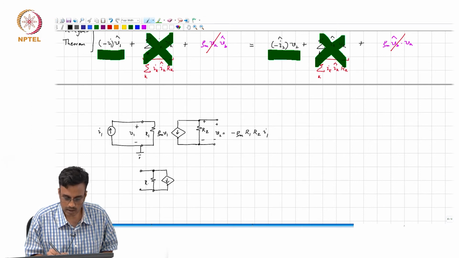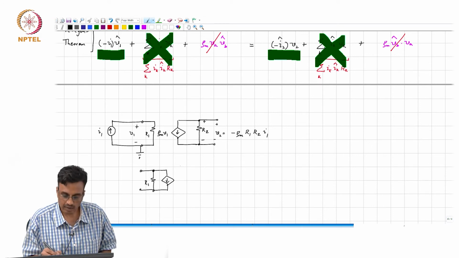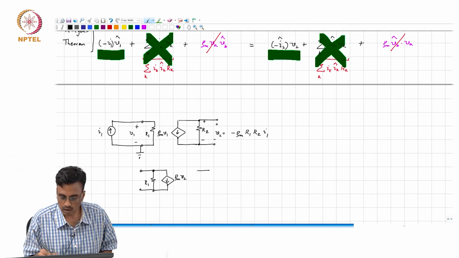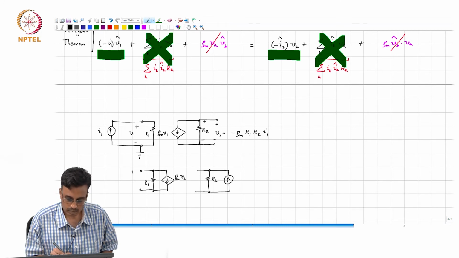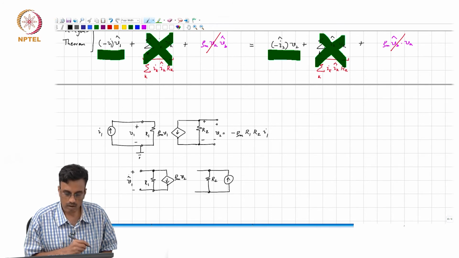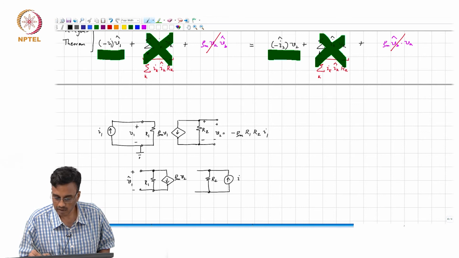So, this is R1, this is Gm V2, this is R2, and this is V1 hat, and this is I2 hat.